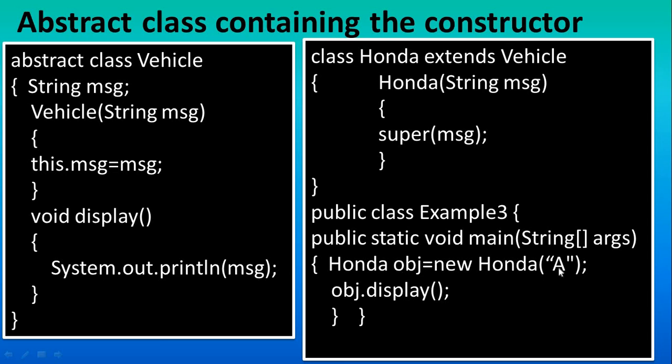This is the parameter constructor, so you have to pass one value, so that value will be sent to the derived constructor because this is the derived object. Then super(message), this value is A, so that value will be passed to the base class constructor, and because of that it gets the value A, and when you call the display method we get the output A only, so that's your output is A.